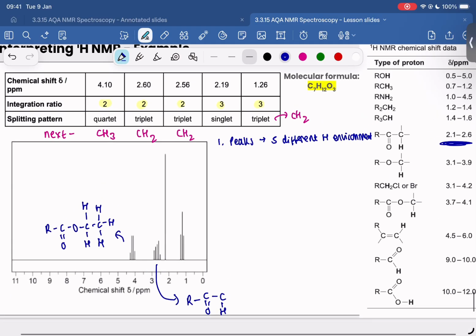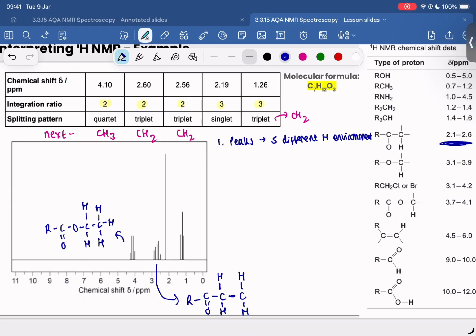And you can see here that this is a CH2 because there are two hydrogen atoms in the integration ratio. And the splitting pattern is a triplet, meaning that the adjacent carbon must also be attached to two hydrogen atoms, right? And so I'm just going to do that.